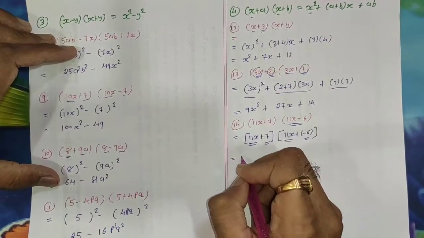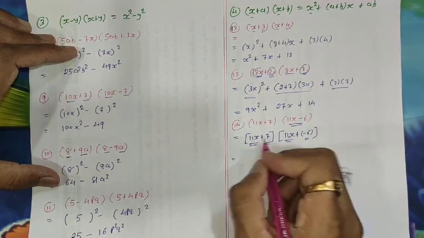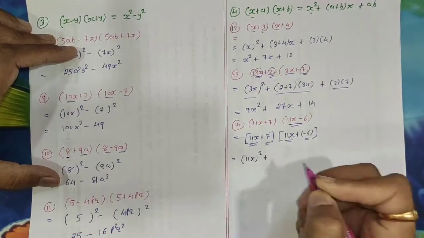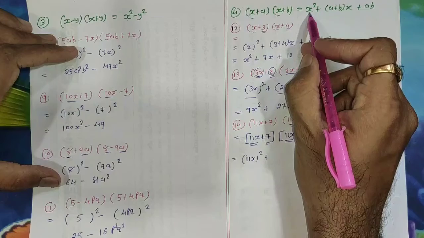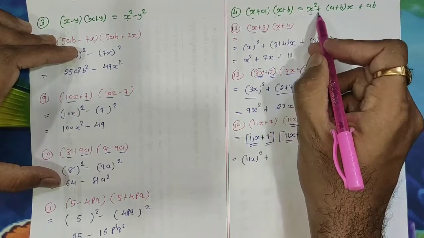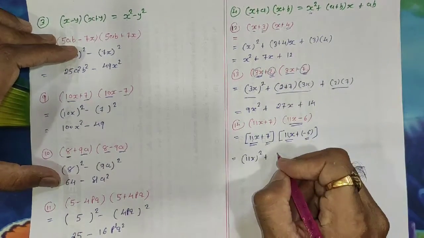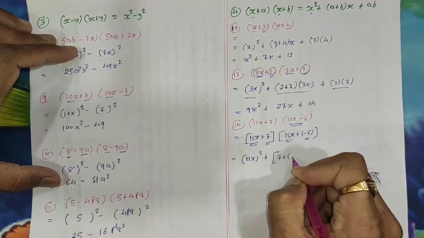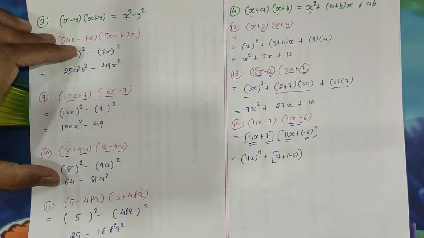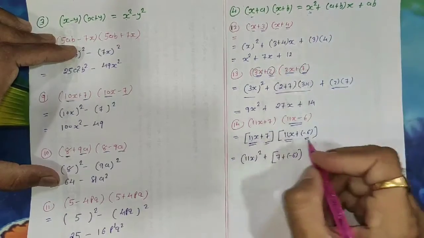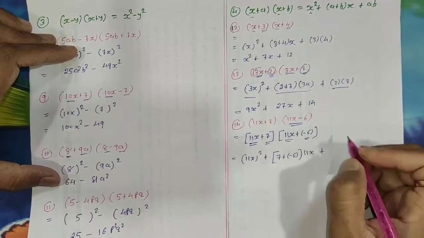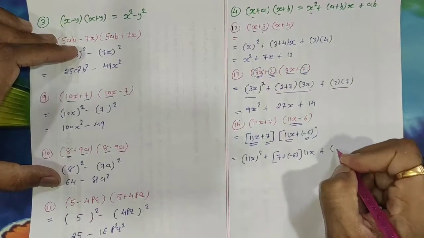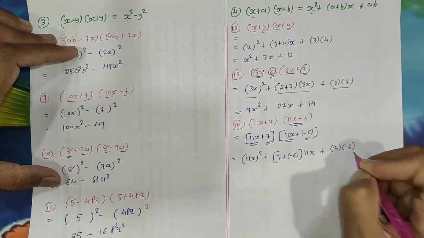So what is the expansion? The square of the equal term. So the equal term is 11x, so we have to write 11x square, plus the addition of the different terms. So the different terms are 7 and minus 6, so 7 plus minus 6, then you have to multiply by the equal term 11x, plus the multiplication of the different terms, which are 7 and minus 6.